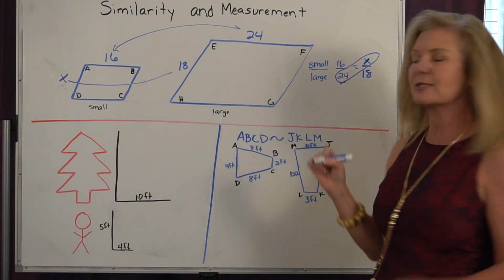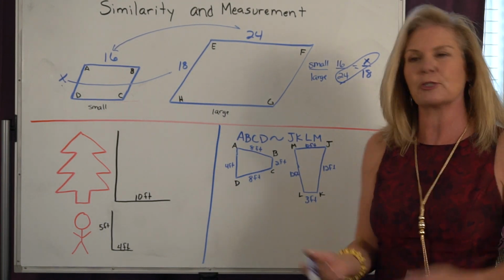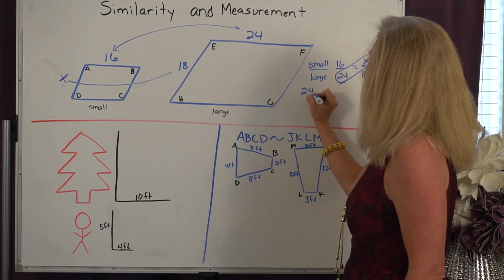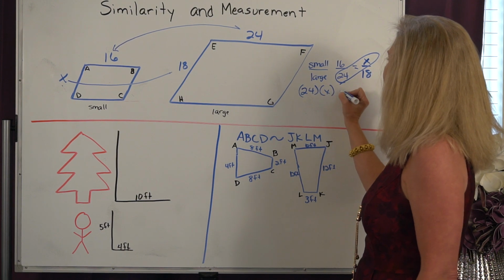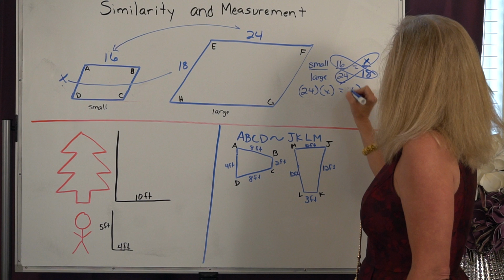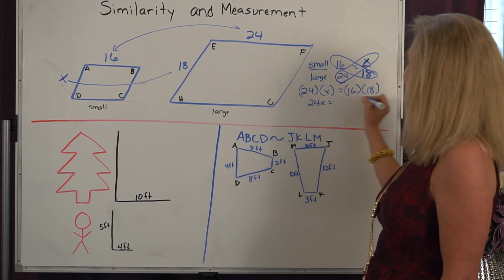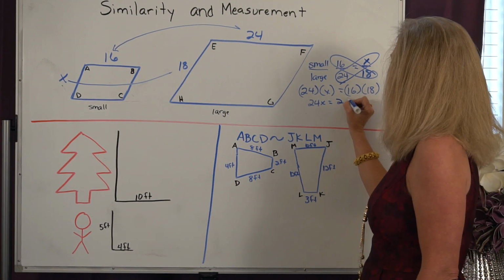And we know we can use cross products in order to solve proportions. So I'm going to take those numbers that are on the diagonal, and it's cross products, so we have to use multiplication. So I'm going to do 24 times x, and I'm going to do 16 times 18. Well, 24x is just 24x, and 16 times 18 is 288.